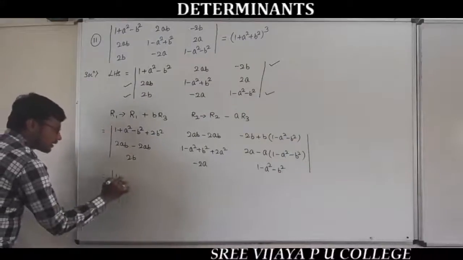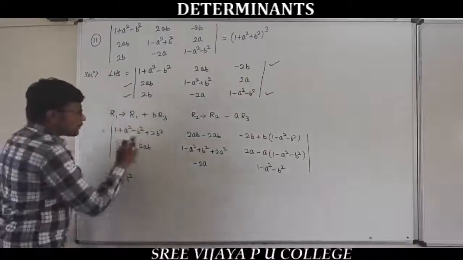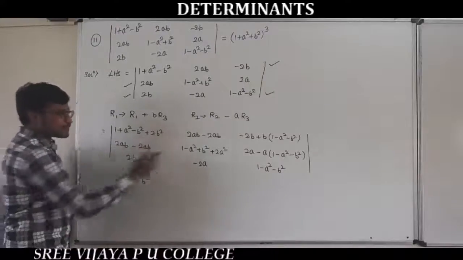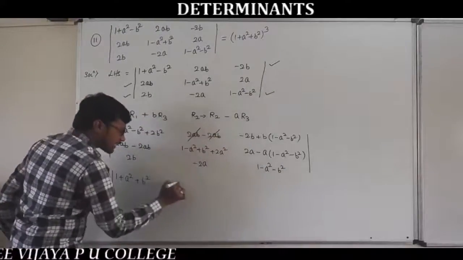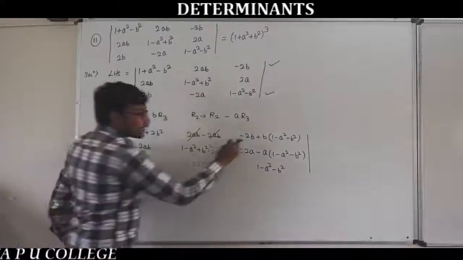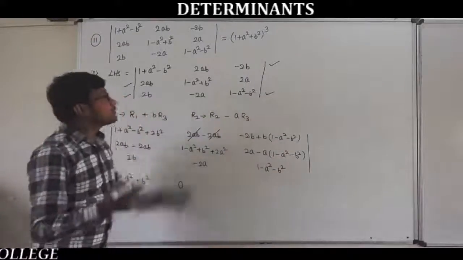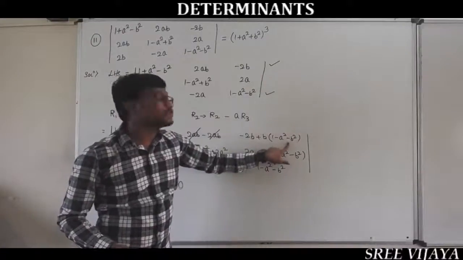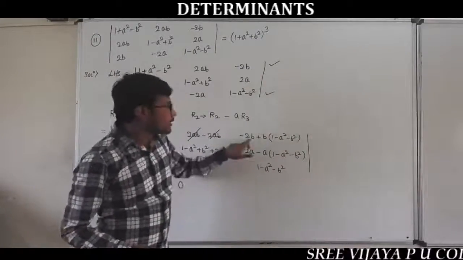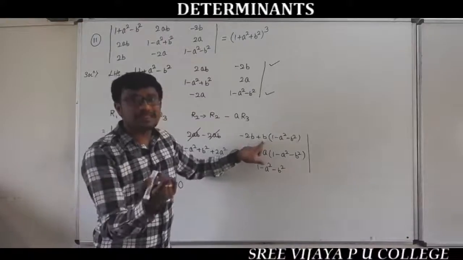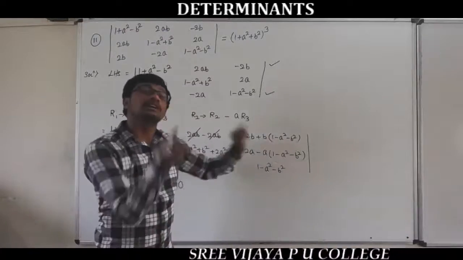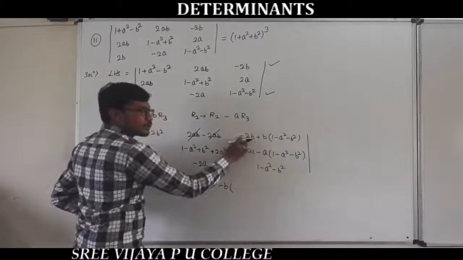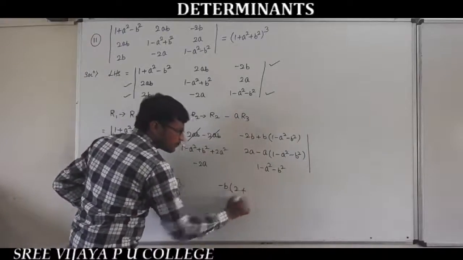So 1 plus a square minus b square plus 2b square is b square. Or 2b square minus b square is b square. 2ab minus 2ab gets cancelled, 0. Now in these two, we want plus a square plus b square, right? But here minus a square minus b square is there, right? So for that, b is there, b is there. So take b as a common, because you want plus here, right? So minus b as a common. If you take minus b as a common, what is remaining here? 2.